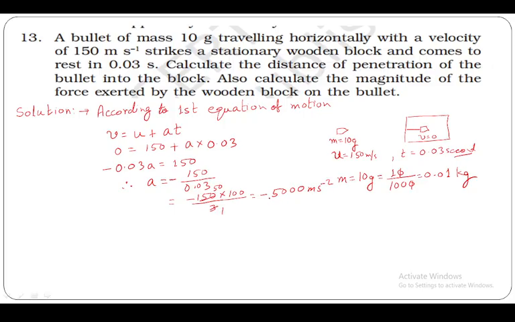Why is it minus? The negative sign indicates that the velocity of the bullet is decreasing.